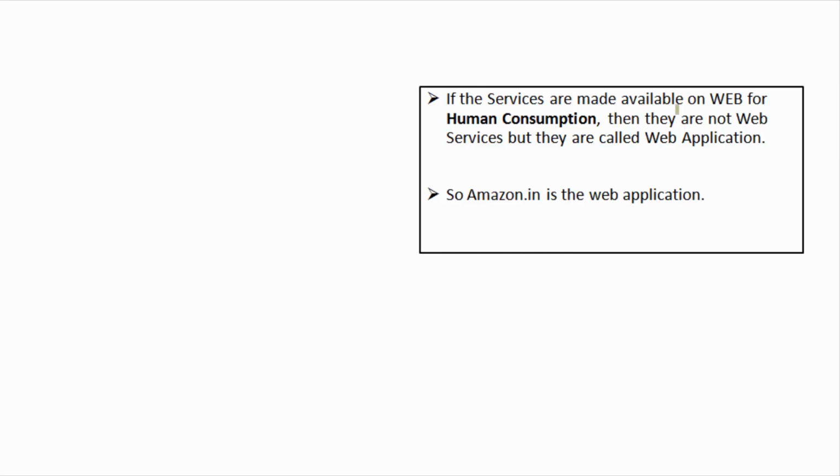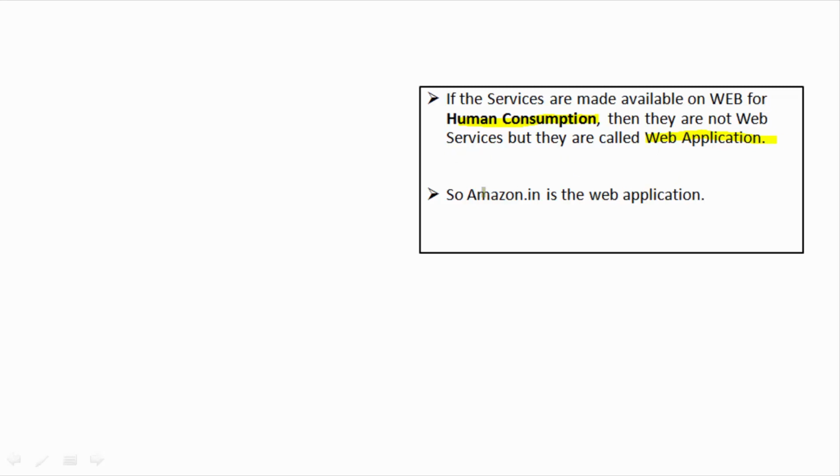If the services are made available on the web for human consumption, like me or like you or somebody, you are able to consume or use those services, then they are not web services, but web applications.